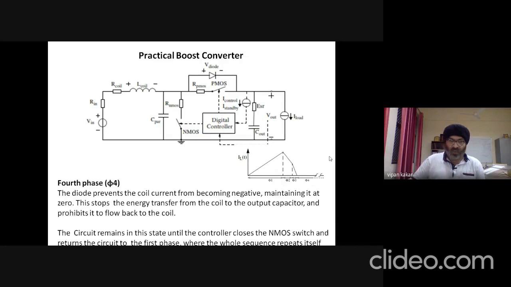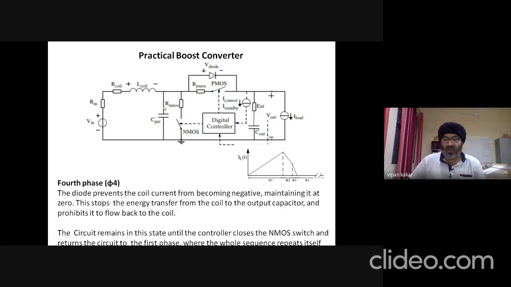Now in phase 4, the diode prevents the coil current from becoming negative, because there is no path through this reverse biased diode to have a reverse flow of current. PMOS is switched off, so the current will not follow this path. Diode is reverse biased, so no flow of current in the other direction.